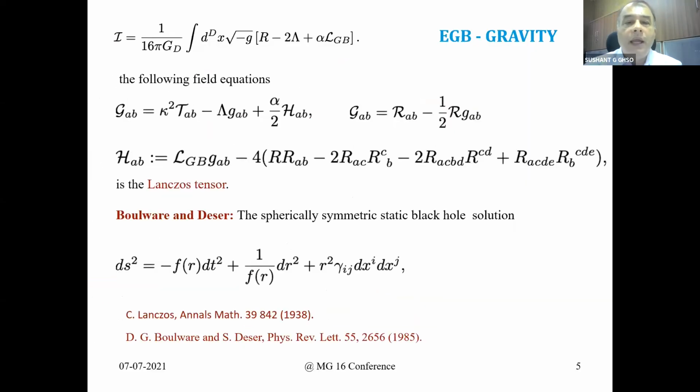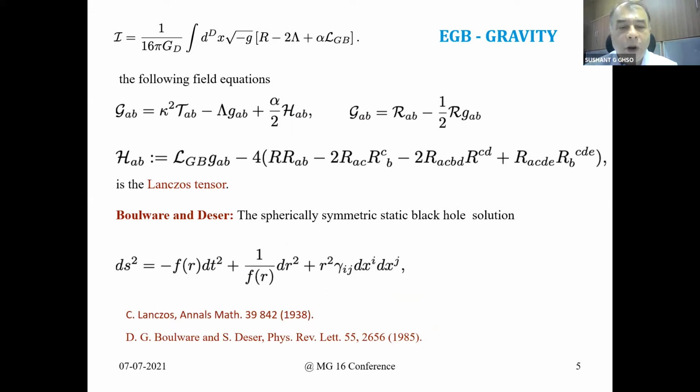Now, if we write again the Einstein-Gauss-Bonnet gravity, you get the following. This is the equation of motion you get on varying the action, and we have two additional terms. One is the additional term H_AB, which is the Lanczos tensor. The cosmological constant is there, but we will be considering the cosmological constant as 0.